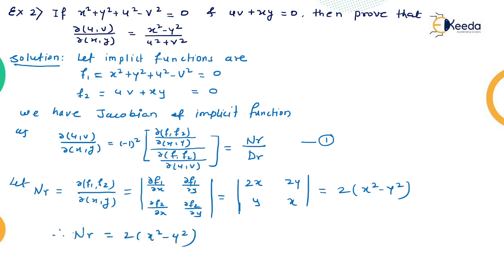I hope you understand this. For consideration, we call that equation number 2. Now we have to calculate the denominator. The denominator is nothing but del f1 f2 divided by del u, v, the Jacobian of f1 f2 with respect to u, v.